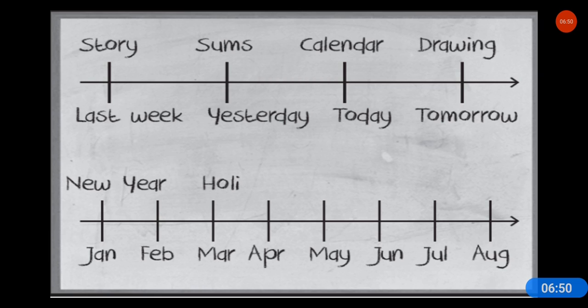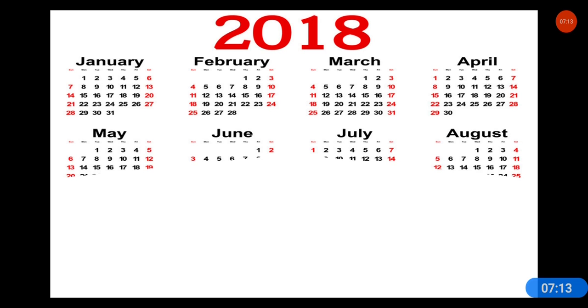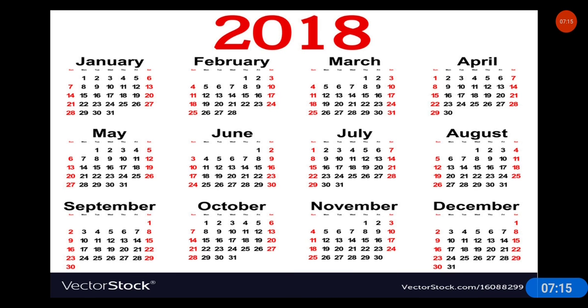There are other festivals also. Holi, in which month does it fall? January, February, March. Which month? March. Like that, we have to make a timeline. We have to draw a line and make a timeline. This is the calendar of 2018.